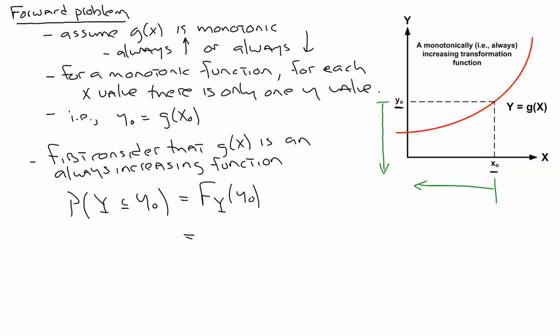Since my function g is always increasing, the probability that y is less than y naught, which is the cumulative distribution function evaluated at y naught, is equal to the probability that x is less than or equal to x naught. And that equals the cumulative distribution function of x evaluated at x naught. All right?